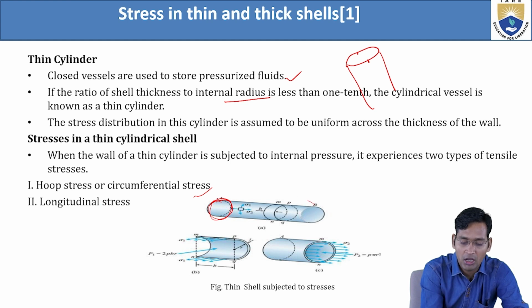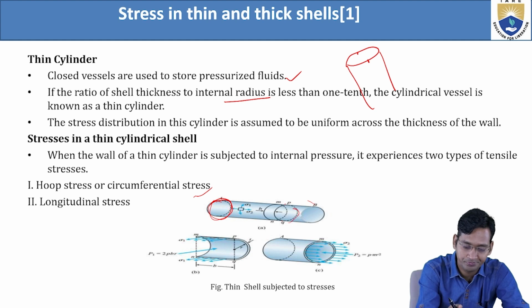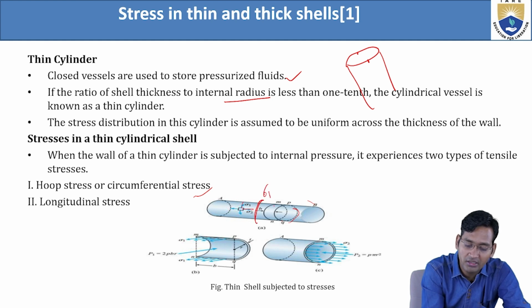So this shows how. Here you can see sigma 2 is acting along this one, sigma 1 is acting along this, and sigma 2 along this. And how is that there? Just see here, that is a thin film subjected to stress.